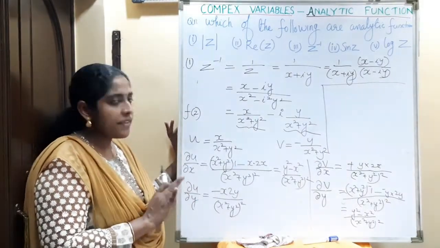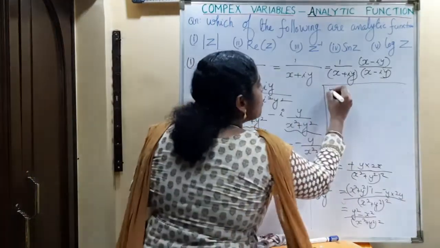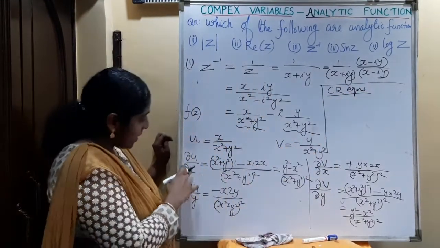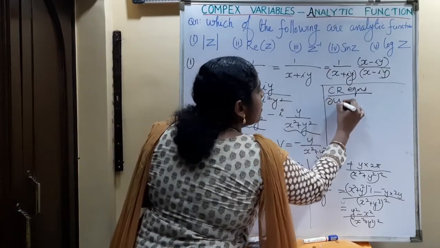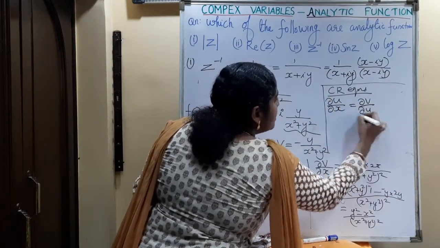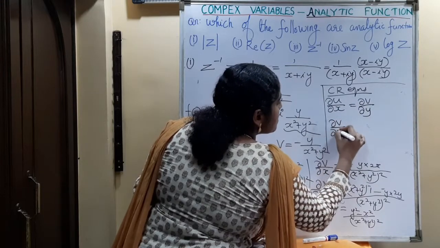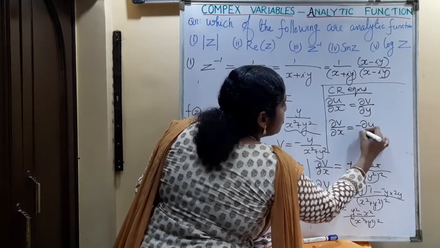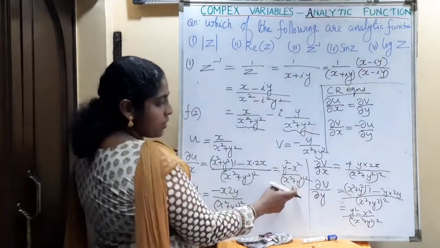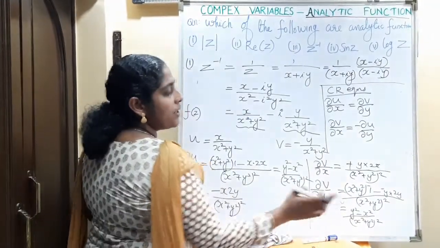So next we have to check whether it obeys the Cauchy Riemann equations or not. So what are the Cauchy Riemann conditions? Dou U by dou X is equal to dou V by dou Y, and dou V by dou X is equal to minus dou U by dou Y. See here, dou U by dou X is equal to Y square minus X square by X square plus Y square whole square. Dou V by dou Y is the same.